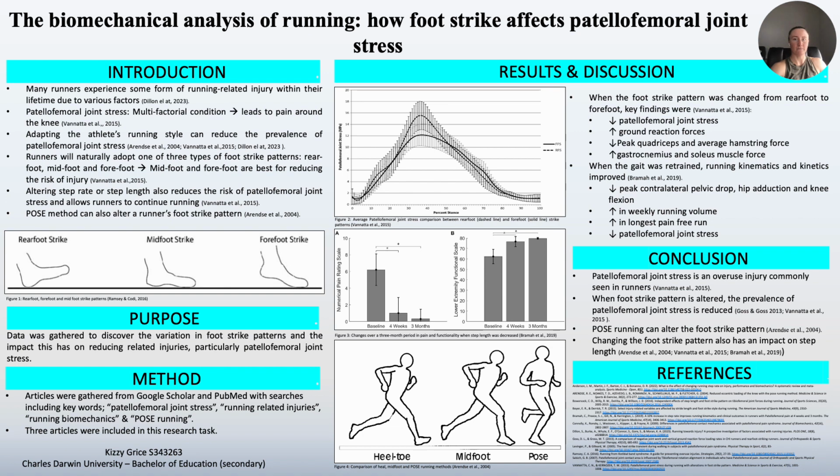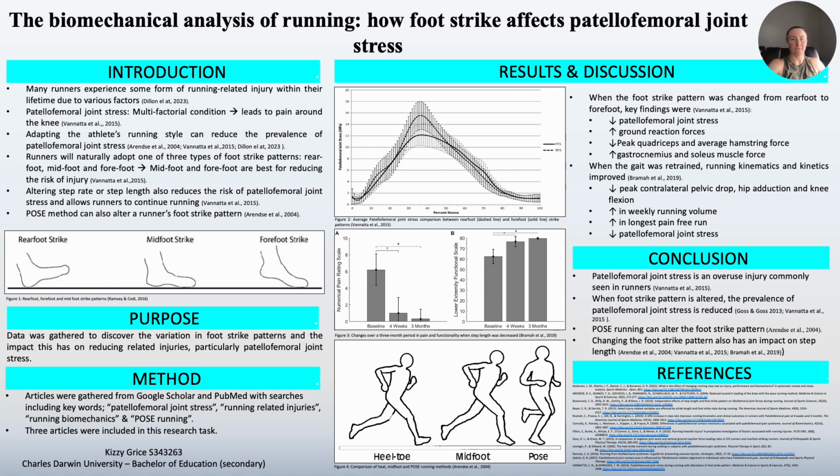Various searches were used to find appropriate and relevant articles using keywords such as patellofemoral joint stress or pain, running-related injuries, running biomechanics, and the pose running method. Of these searches that were conducted, 3 main articles were included within the results, with a further 9 included as background information and cross-checking research.